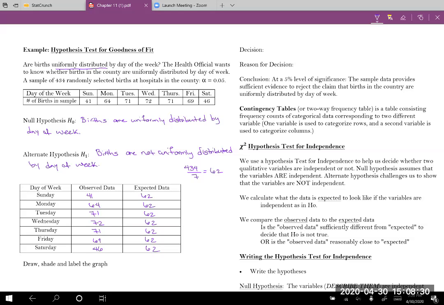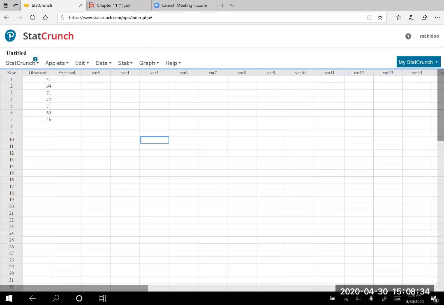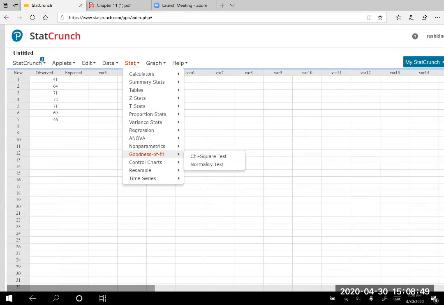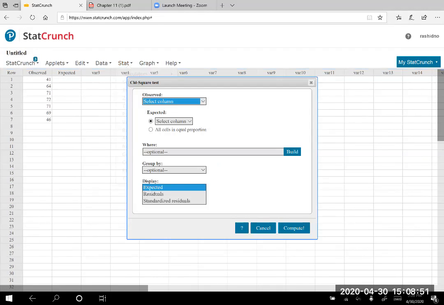So let's go on StatCrunch. You're going to have to do a goodness of fit test, and I already have the observed data. In the expected, you can put 62 for each data value, or actually StatCrunch does this for you. So you go into Stat, goodness of fit, chi-square, and observed is in the observed.